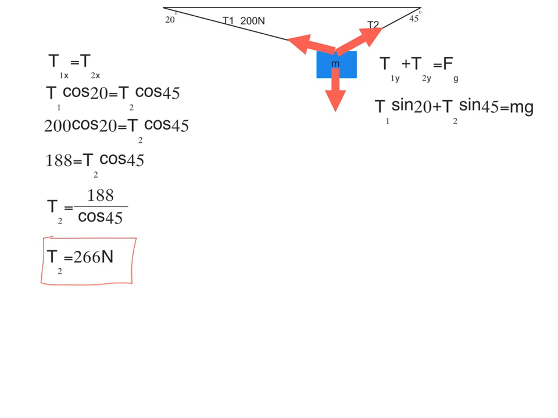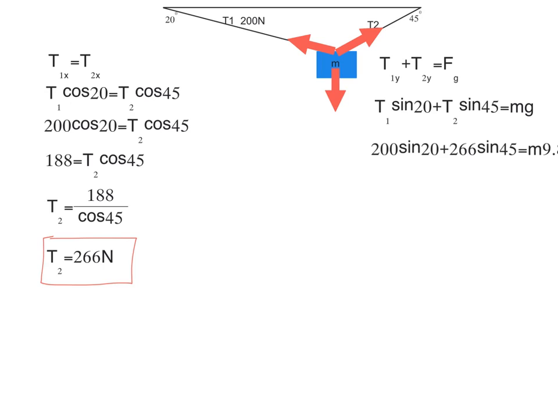Now we can just start entering those values into our equation. Let me try something here. Oh, look at that. I just pasted it. Sweet deal. So let's put in our value for T1. Our T1 was 200 newtons.